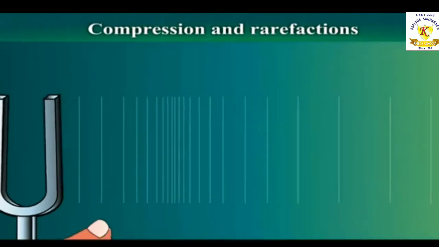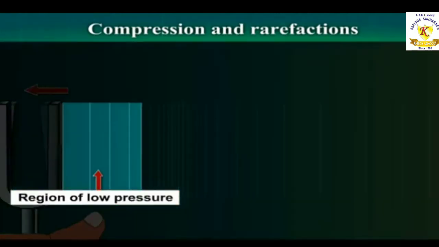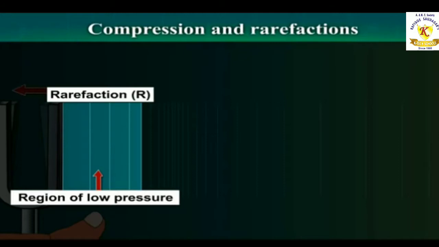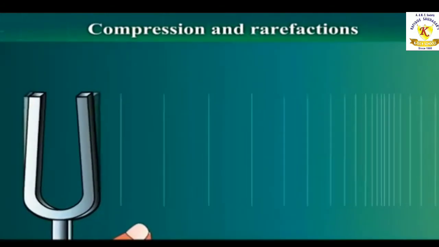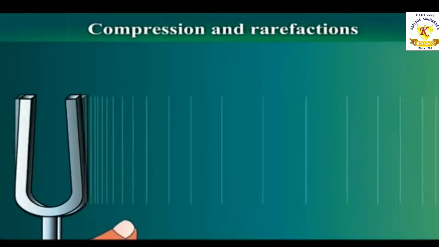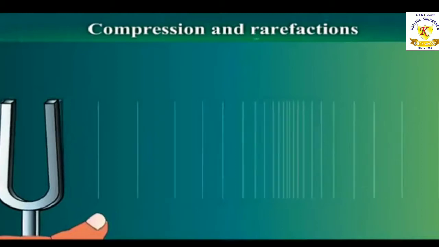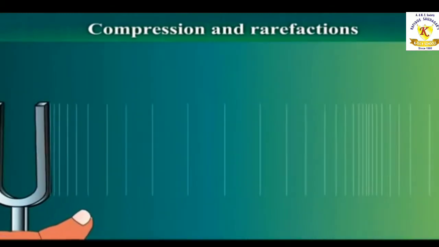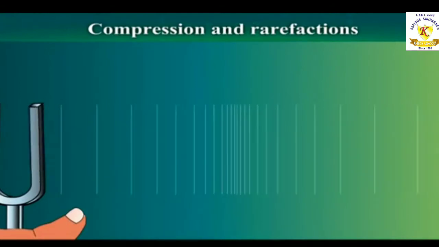When the vibrating object moves backward, it creates a region of low pressure and it is called rarefaction or R. As the object moves back and forth rapidly, a series of compressions and rarefactions is created in the air.